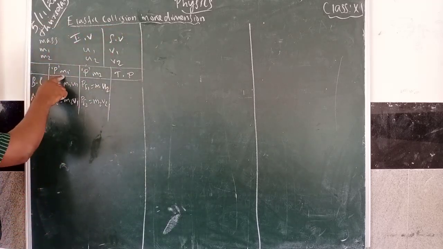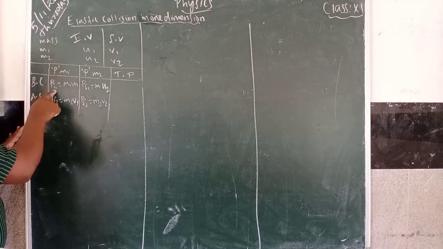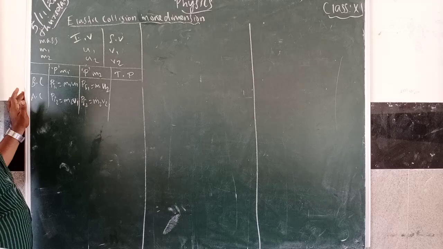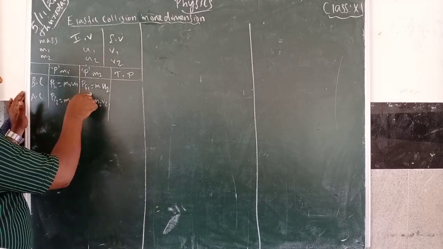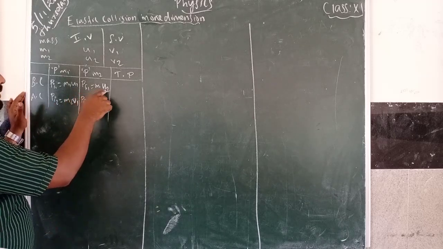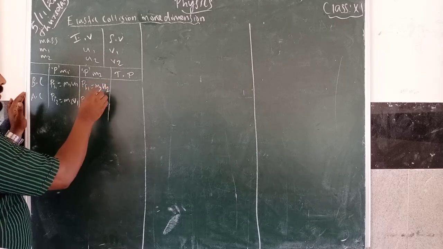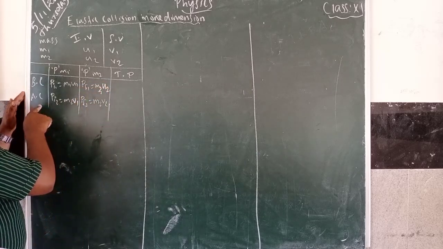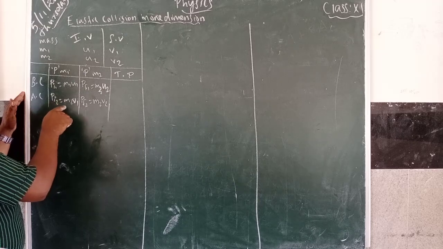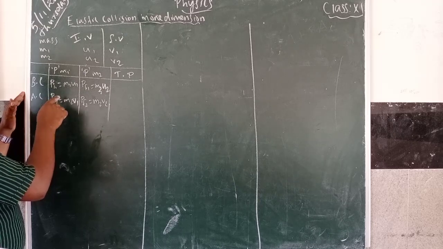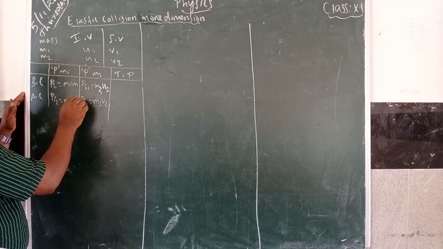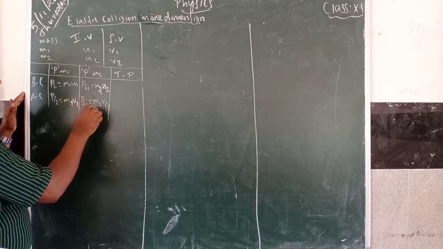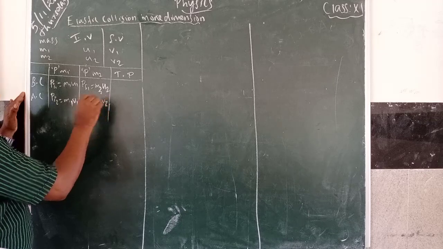Now we find the momentum of mass m1. The initial momentum is m1 u1, and for m2 it is m2 u2. The same after collision: m1 v1 and m2 v2.